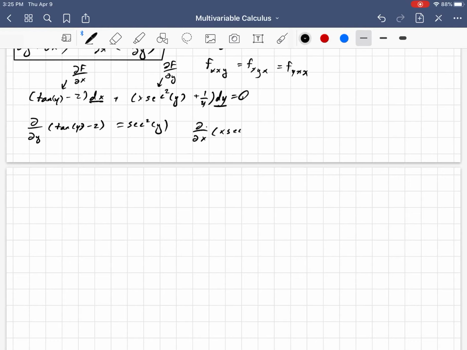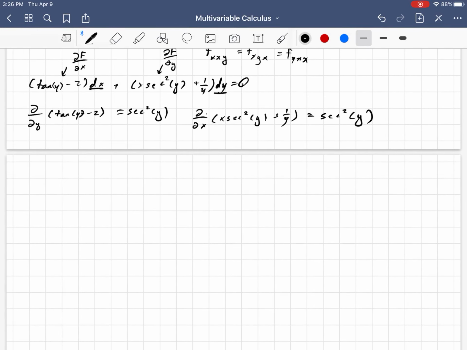Now I take the partial with respect to x of x secant squared y plus 1 over y, and this is also secant squared y.